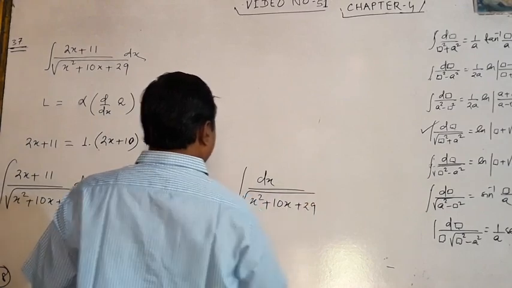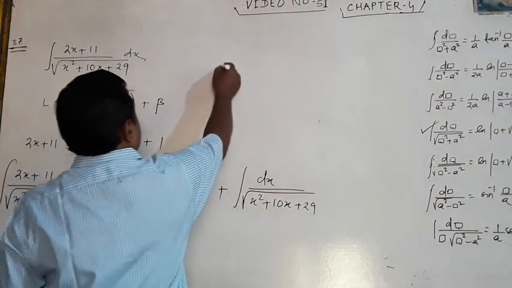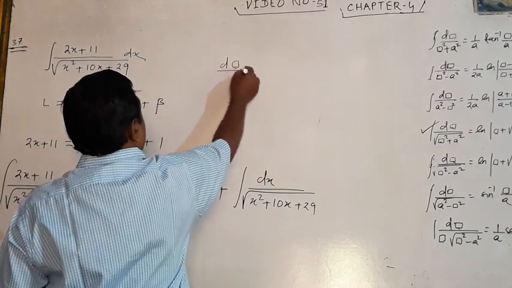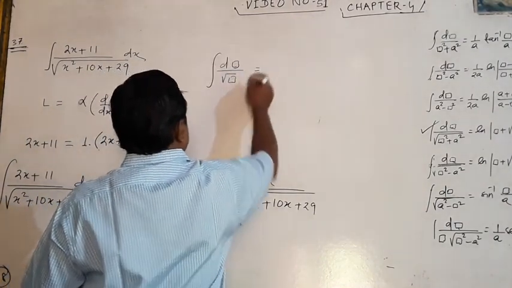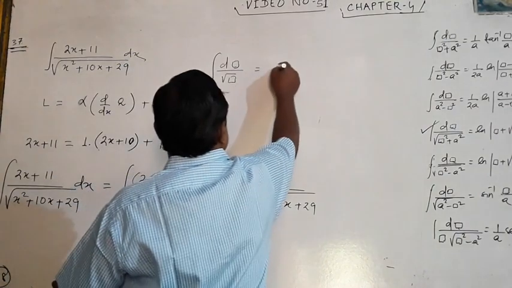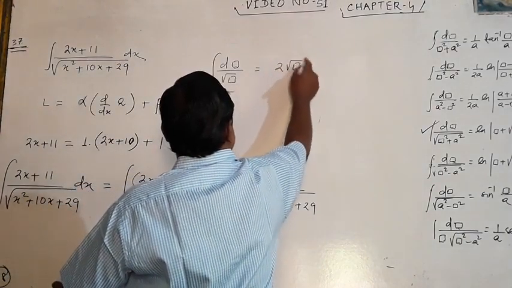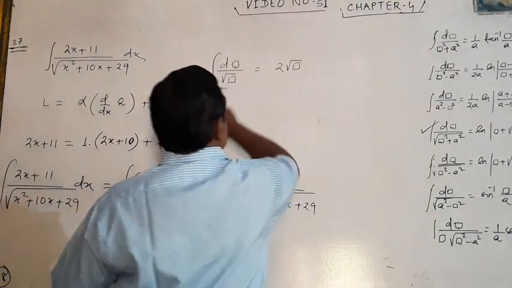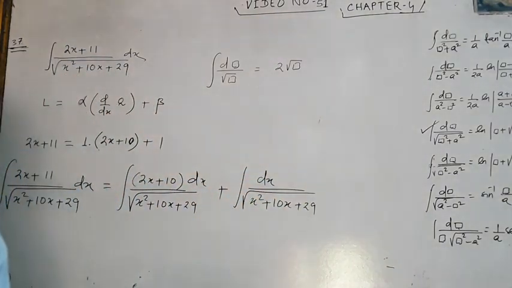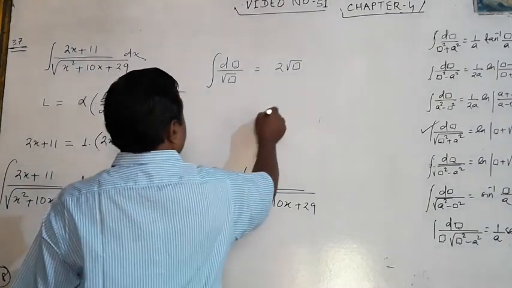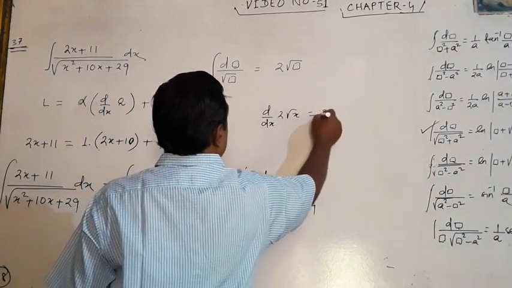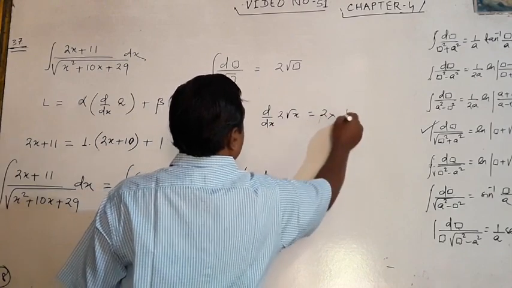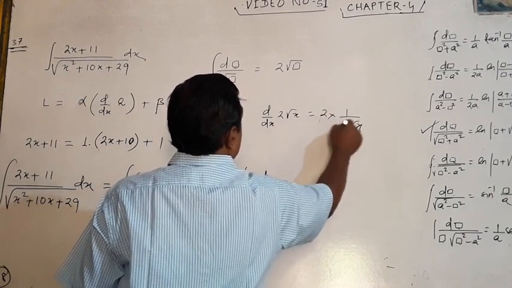And I have told you already, the integration of d box by root over box is 2 root box, because the derivative of 2 root box is 1 by root box. Derivative of 2 root x: 2 will go outside, the derivative of root x is 1 by 2 root x, the 2s cancel.